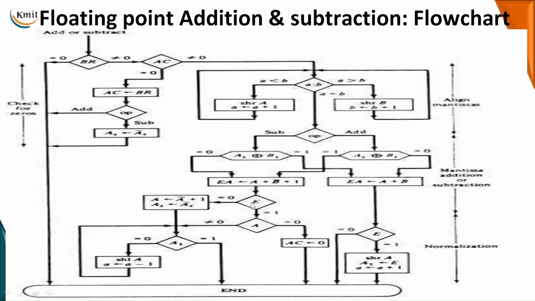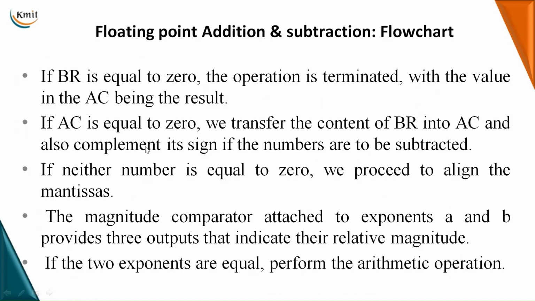And once you get your result, based on the values of E, a carry bit which is stored in the E flip flop, we're going to check whether it is an underflow in case of a subtraction or an overflow in case of an addition. If an underflow or overflow situation occurs, we are performing a normalization step to normalize your result. So this is the overall flowchart of floating point addition and subtraction.